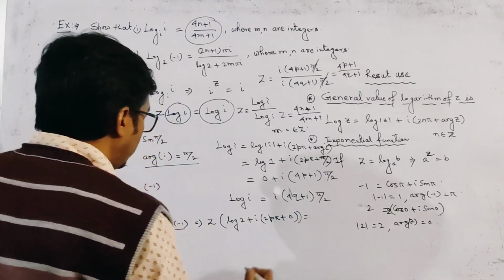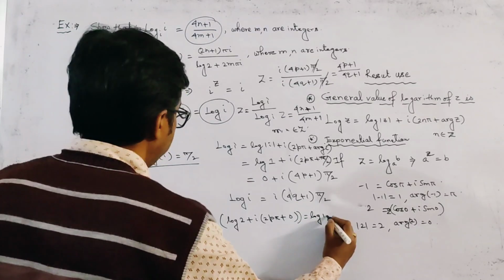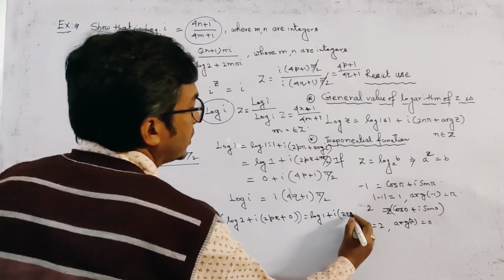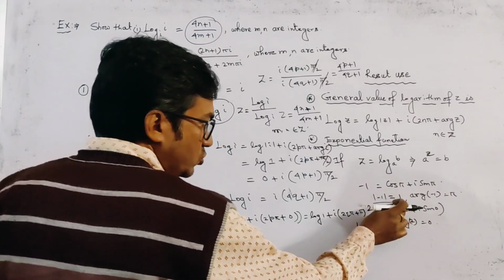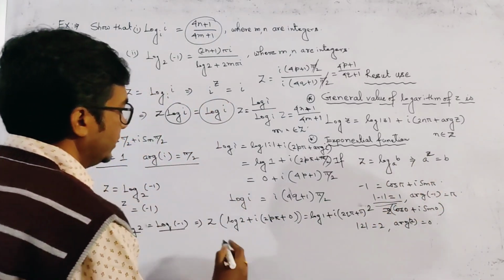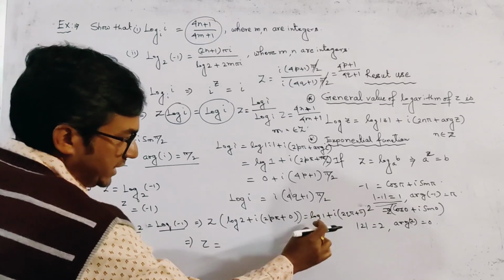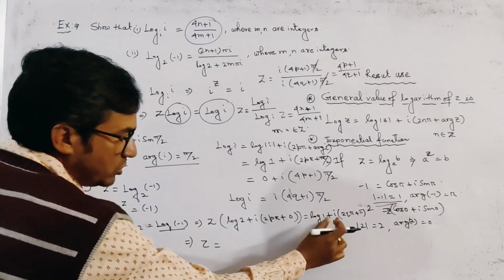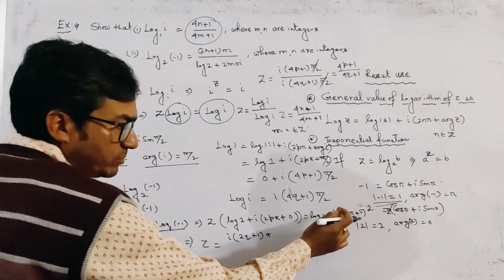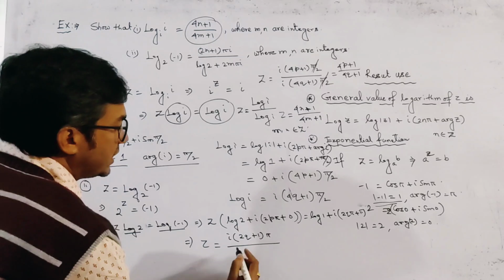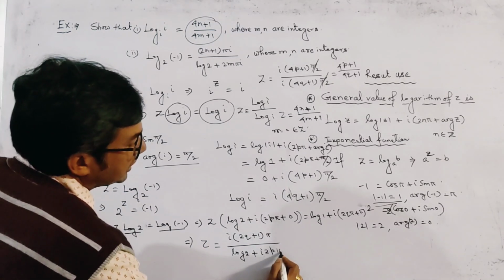The right side value Log of -1 is log of 1 plus i into 2qπ plus π. Log 1 means 0, so we write i into (2q+1) into π, taking π common. So z is equal to this divided by log 2 plus i into 2pπ.